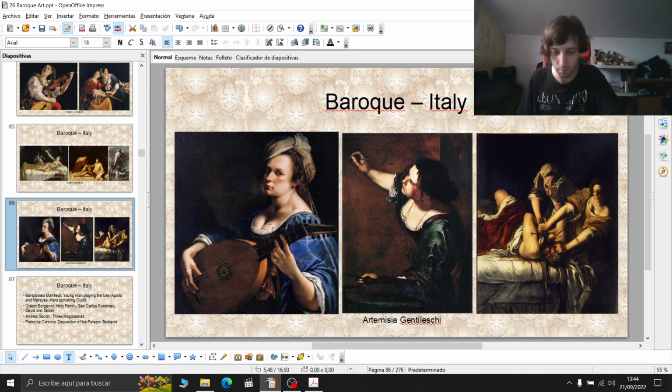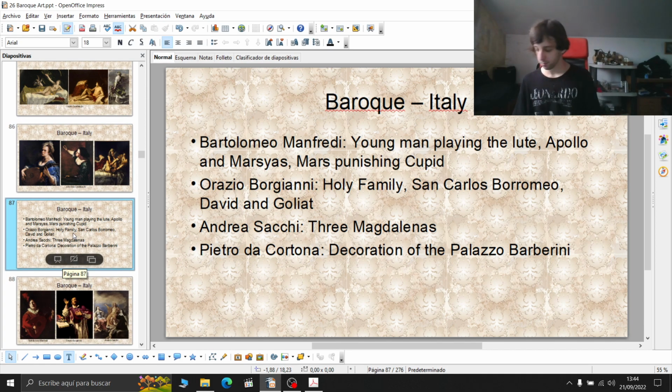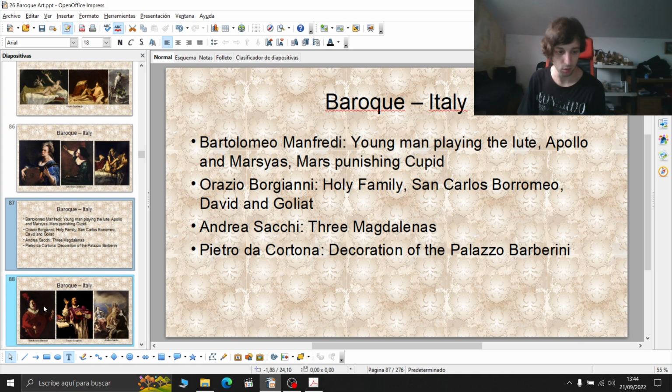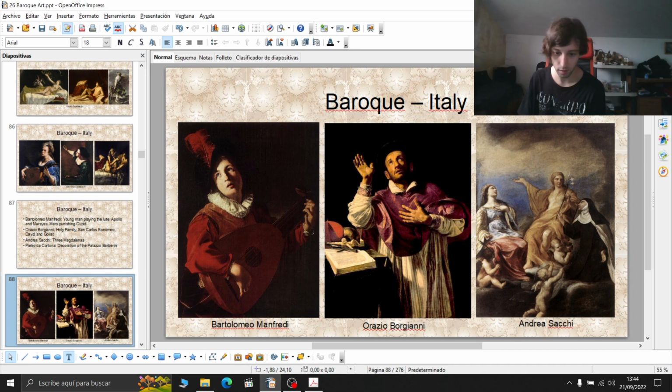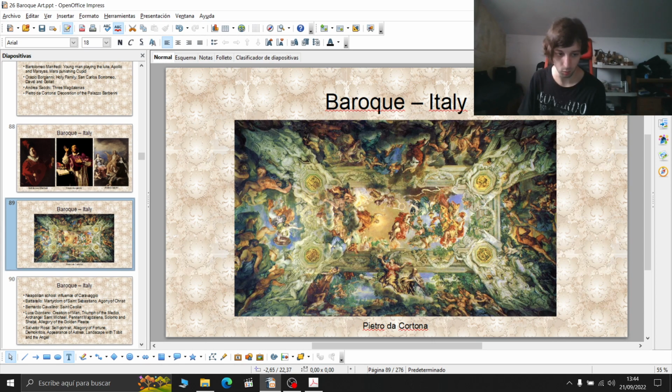These two are self-portraits, and this is Judith and Holofernes. Bartolomeo Manfredi, Orazio Borgianni, Andrea Sacchi, and Pietro da Cortona. This is very wonderful.